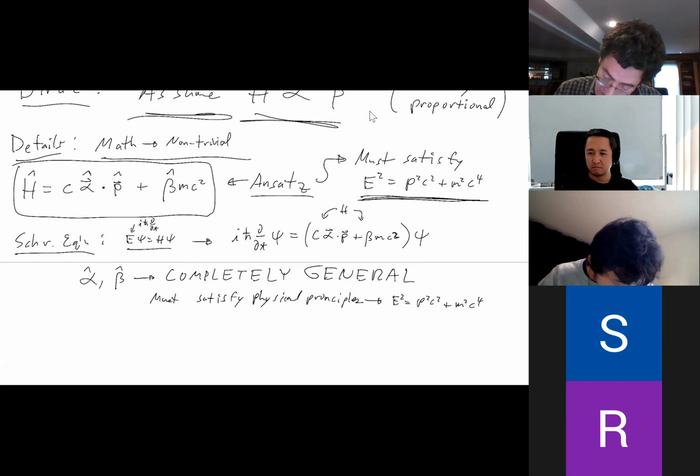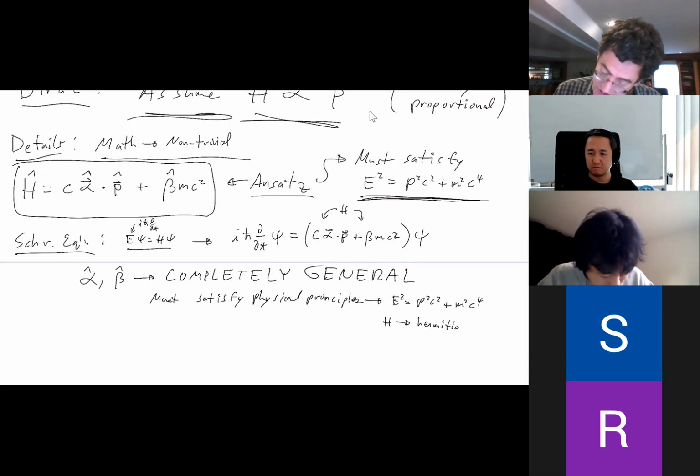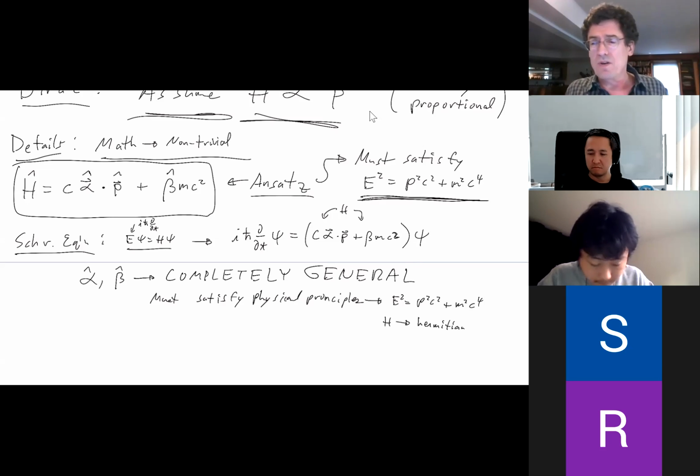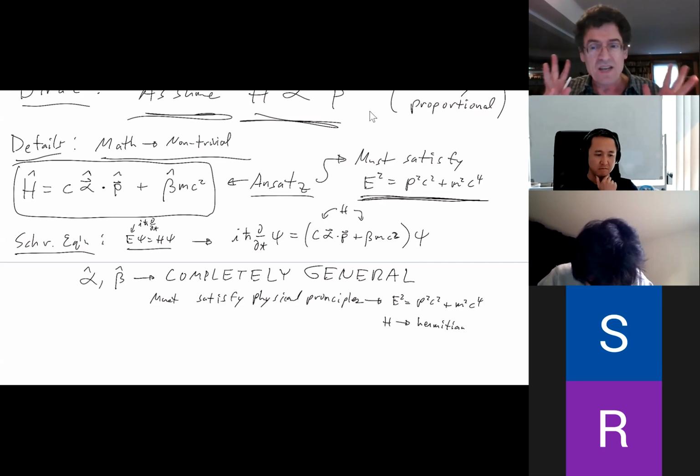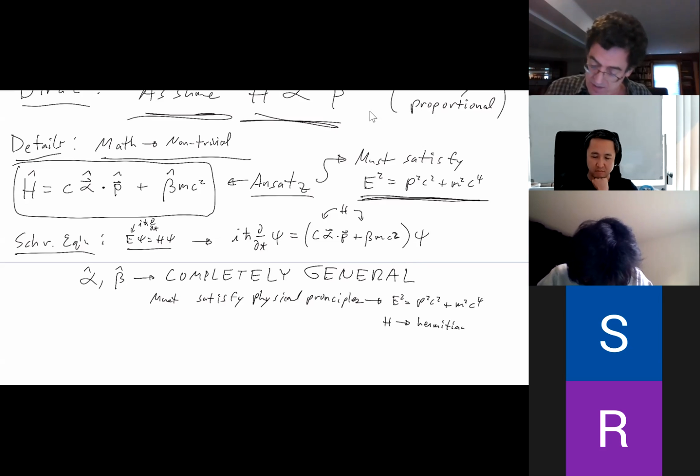And we also know that the Hamiltonian must be Hermitian. So he kept the Hermitian condition. Hermitian is important because he wanted the Hamiltonian to have orthonormal eigenstates and real eigenvalues, so the energy is real and therefore meaningful.